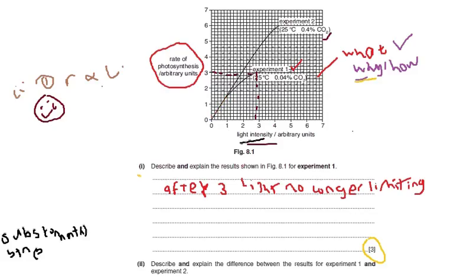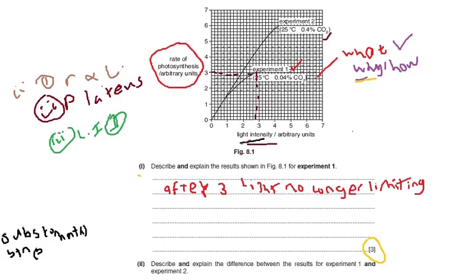You say that from 0 up to the light intensity of 1, the rates are similar.